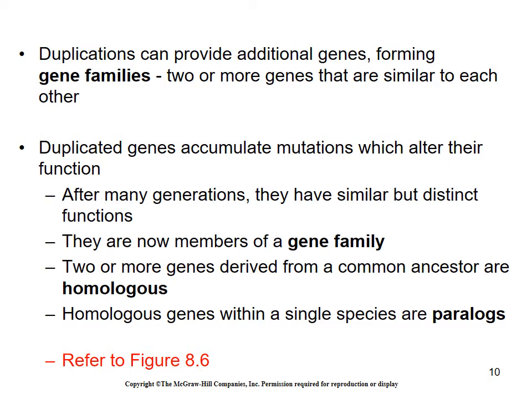A really good example of a gene family that we utilize throughout the day is when we take a look at hemoglobin and myoglobin and all the genes that regulate our globulin formation. Let's go ahead and switch over to the next slide, and I'll show you what I mean with all that.